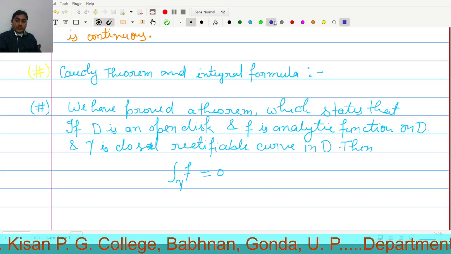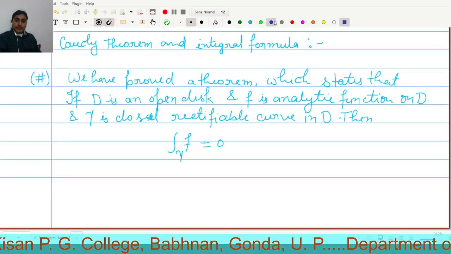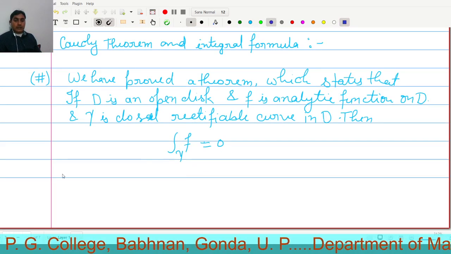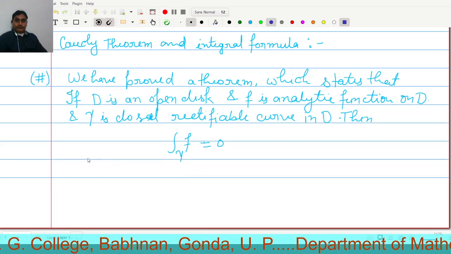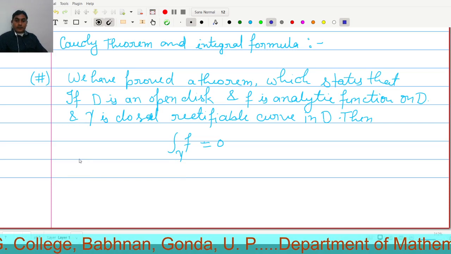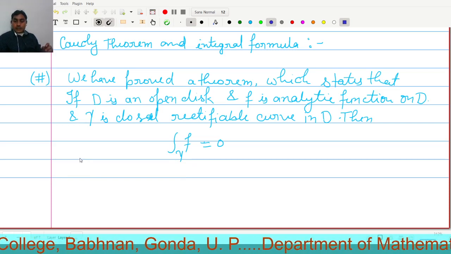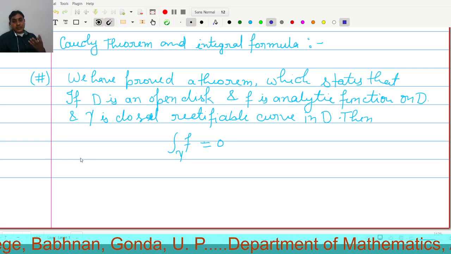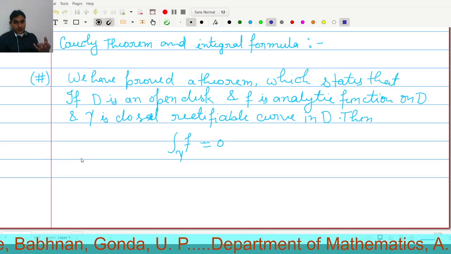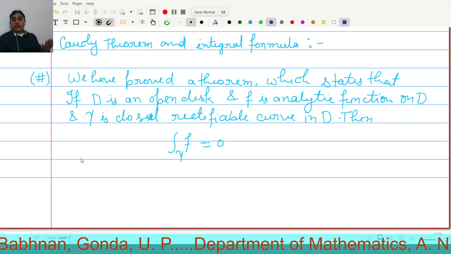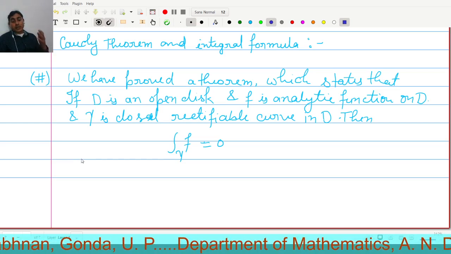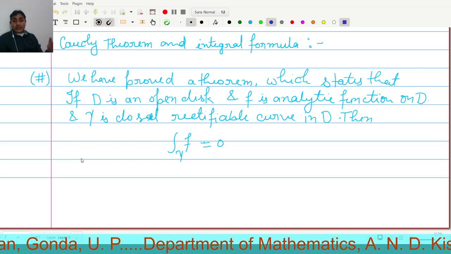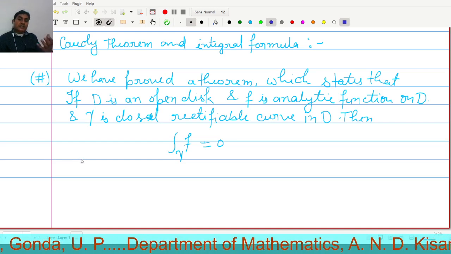Here my question is, can this be generalized? Can we generalize this particular result for an arbitrary domain or arbitrary region?